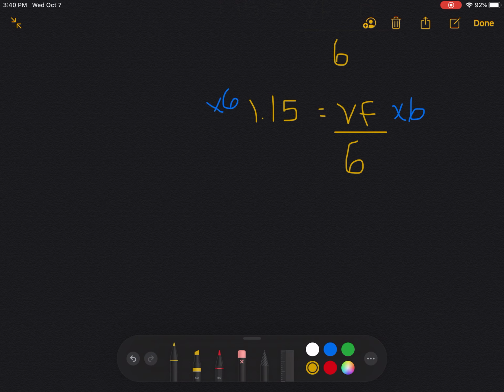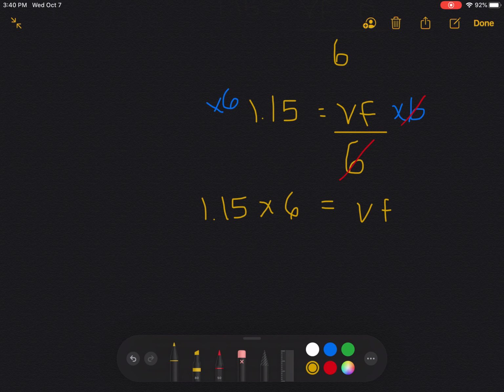In doing that, we get 1.15 multiplied by 6 is equal to VF. Because 6 is on the top and 6 is on the bottom here, that cancels it out. So then we're left with whatever 1.15 is multiplied by 6.